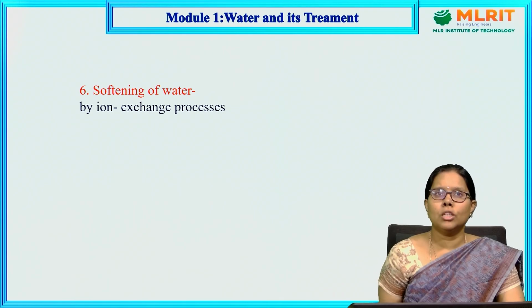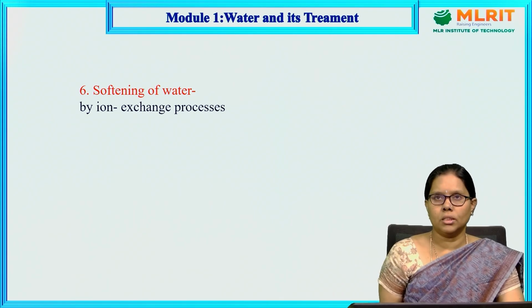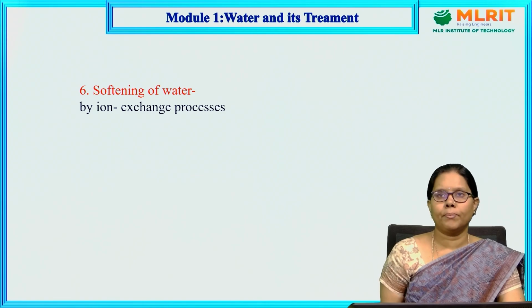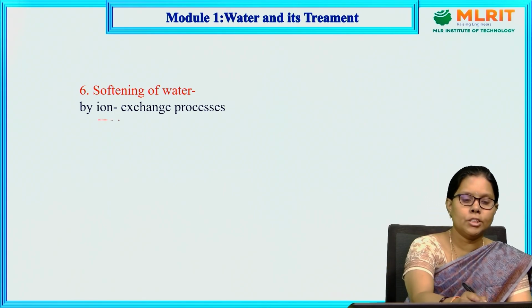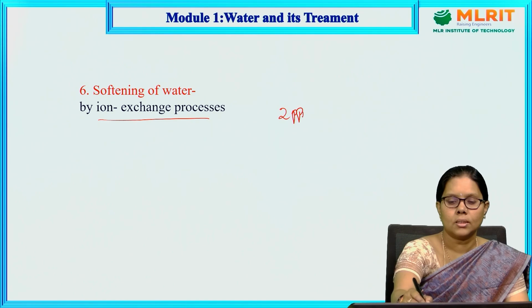In this module, we are going to cover how to prevent these boiler troubles by softening of water. The softening of water is done by the ion exchange process. This is the method which can purify the water up to 2 ppm hardness.